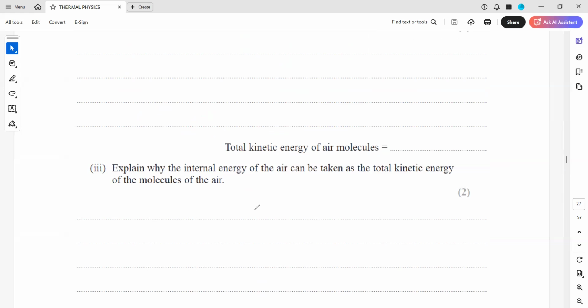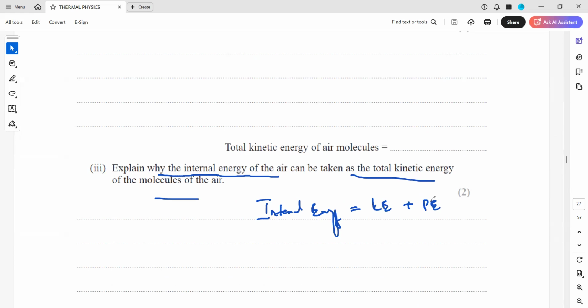The thing is, why can the internal energy of air be taken as the total kinetic energy of the molecules? We ignore the potential energy and say internal energy is kinetic energy.